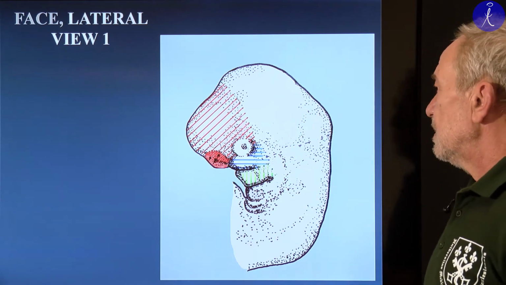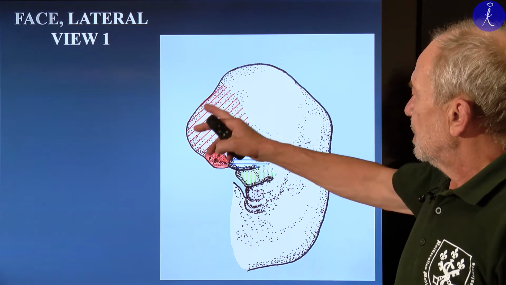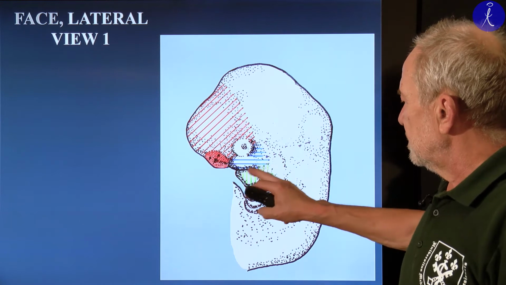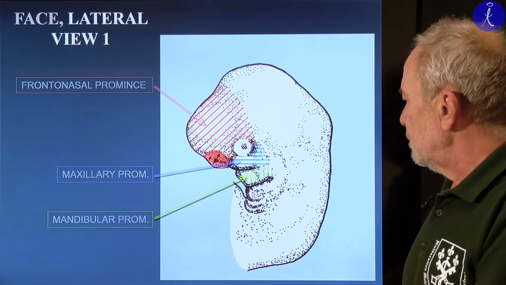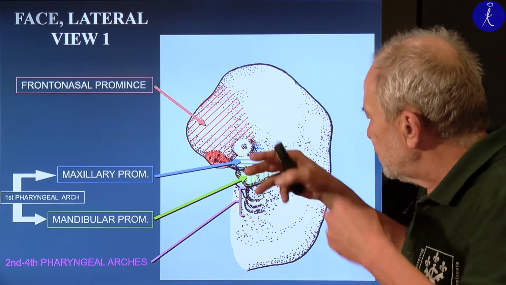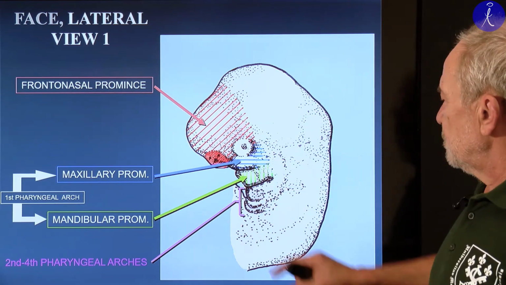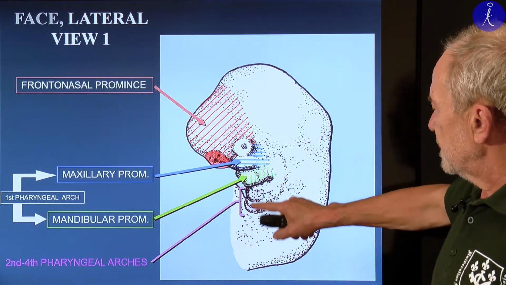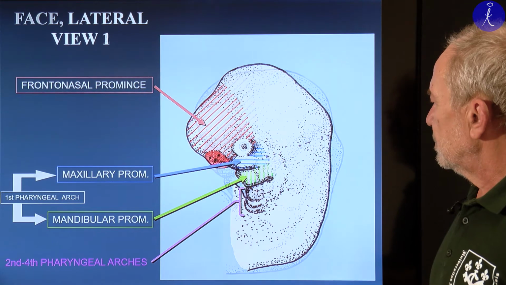The same things you can see with the same color codes. This one is the frontonasal prominence, the blue is the maxillary, green is the mandibular prominence. These are the two anterior edges of the first pharyngeal arch, as we mentioned before, and the primordia of the next pharyngeal arches are also recognizable.